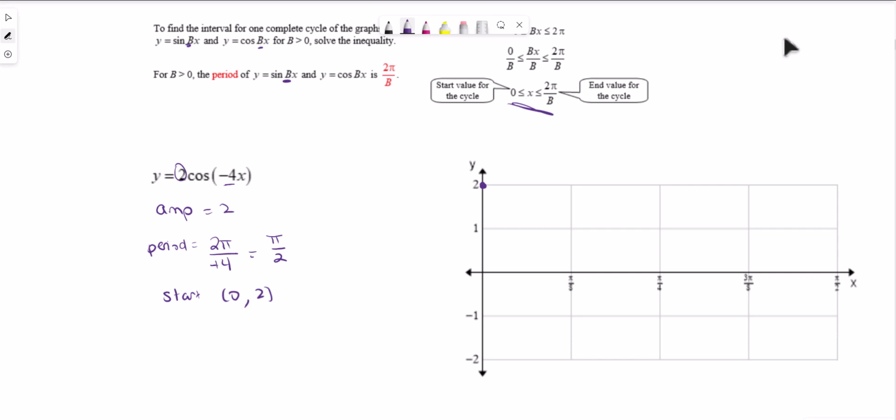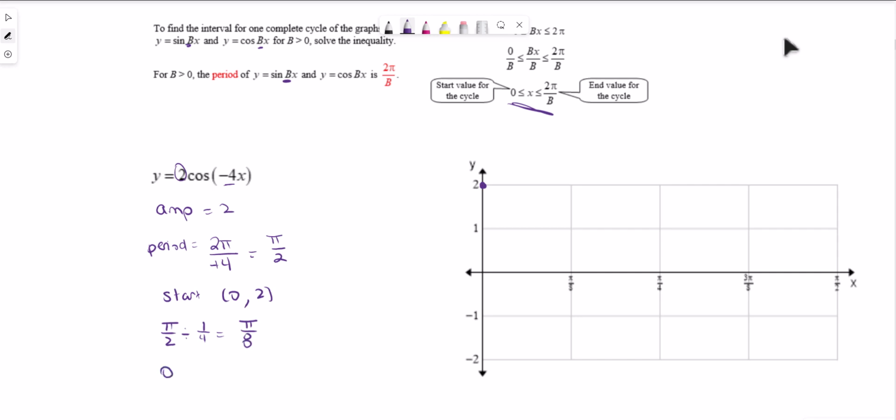So what I can do is divide from 0 to pi over 2 into fourths. Pi over 2 is my period, and I want to have at least 4 more points. So I'm going to divide that into fourths, counting by pi over 8.